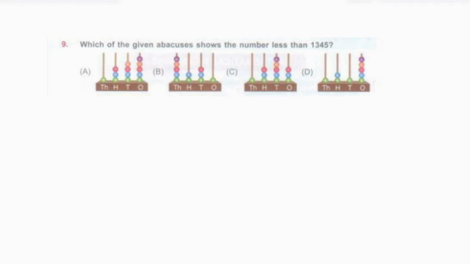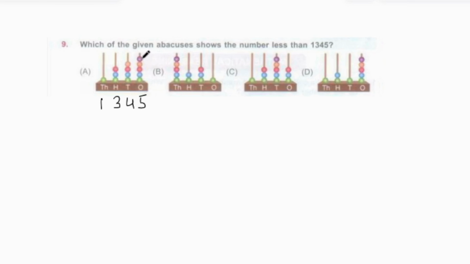Let's quickly solve question number 9 and try to see how to solve this question. The question reads as, which of the given abacuses shows the number less than 1345? So, one method of solving this is by writing down the abacus value, counting the beads. At the thousands place you have 1, then you have 3, then you have 4 and 5.